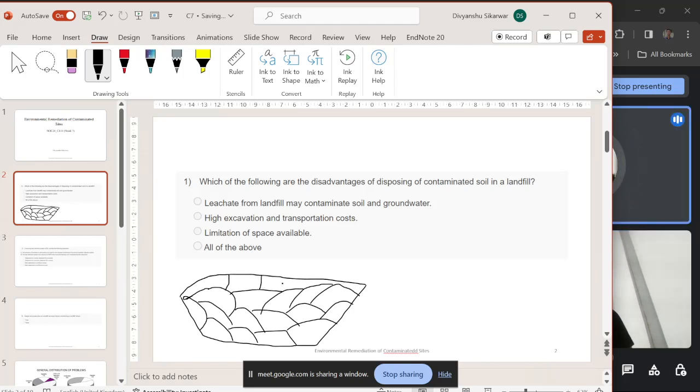Okay. High excavation and transportation: landfills are normally constructed outside of the city, near the boundary, far away from the populated area because of various issues like gas and smell. We are not sure that the contaminated site is near the landfill only.